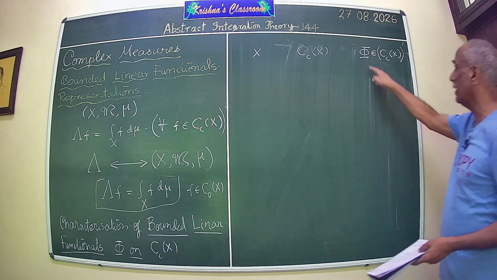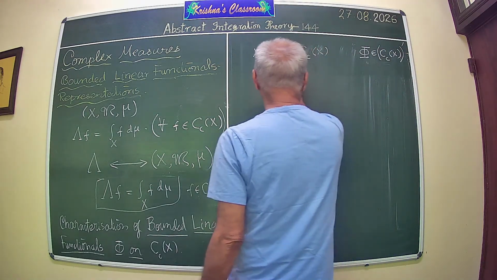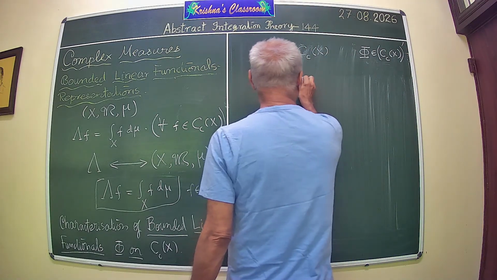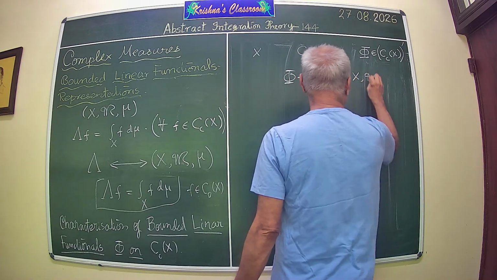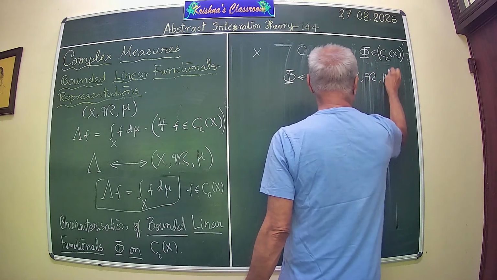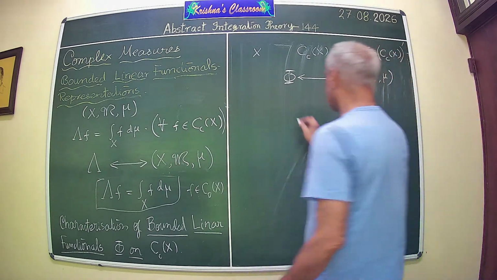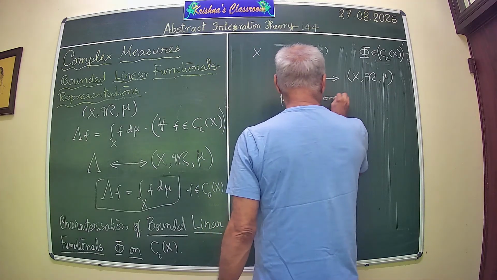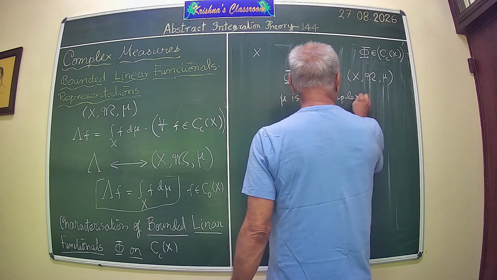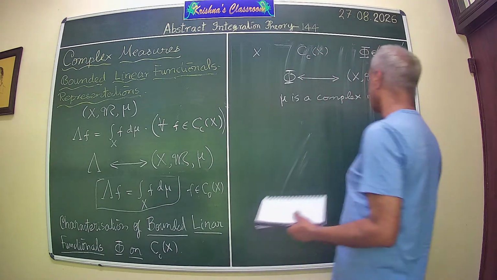Corresponding to every phi, you have got a mu, where mu is a complex measure, uniquely determined.